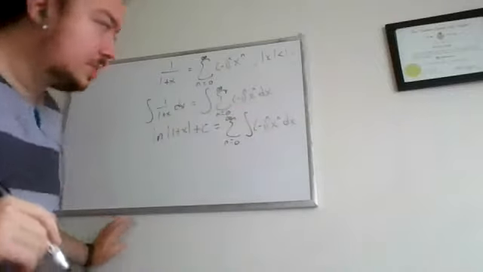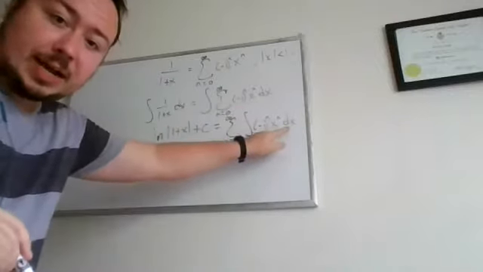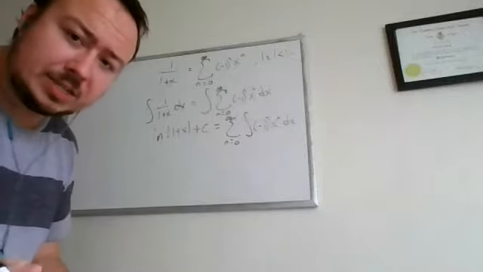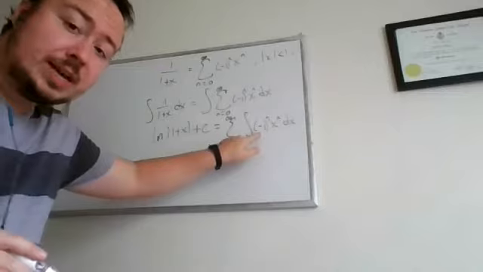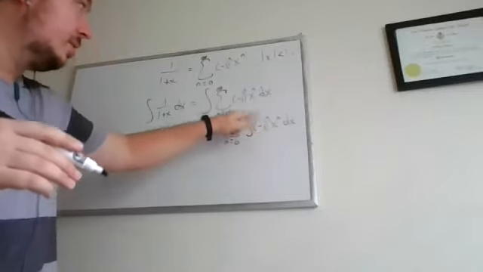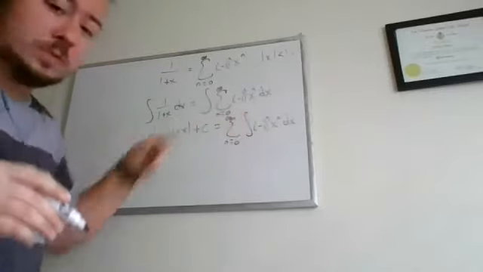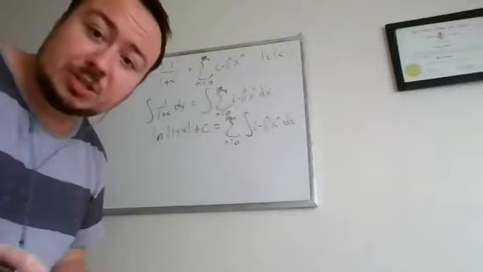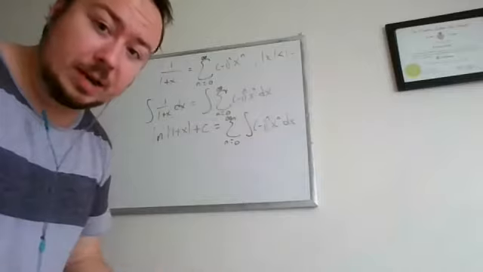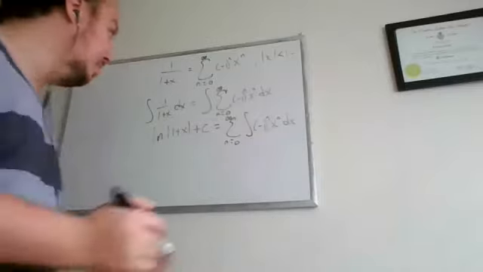Notice that this is an integral with respect to x, so anything that doesn't have an x in it is treated as a constant. Namely, this negative 1 to the n is just a constant, so I could effectively move it out of my integral. And then for x to the n, how do I integrate that? That's just the power rule.